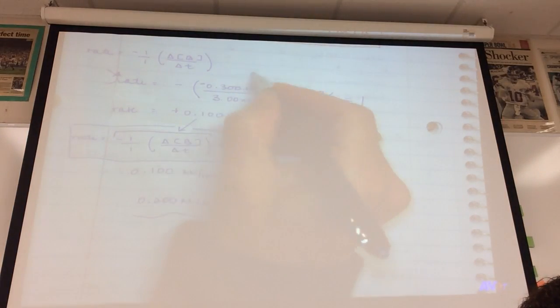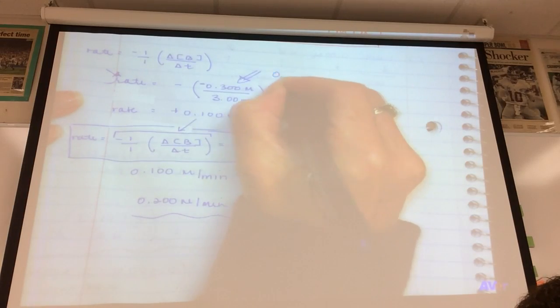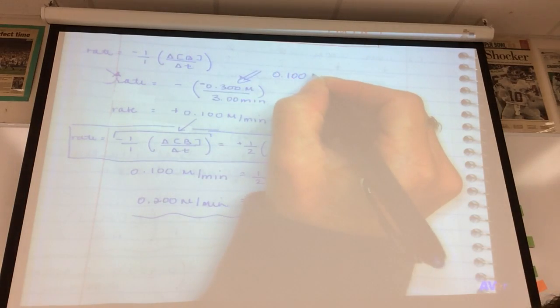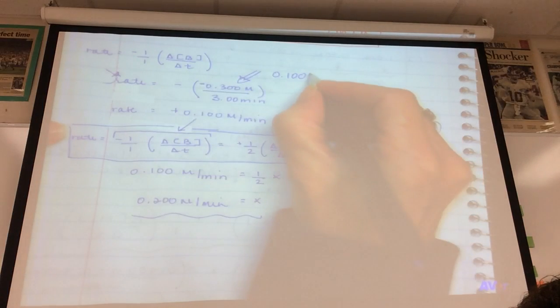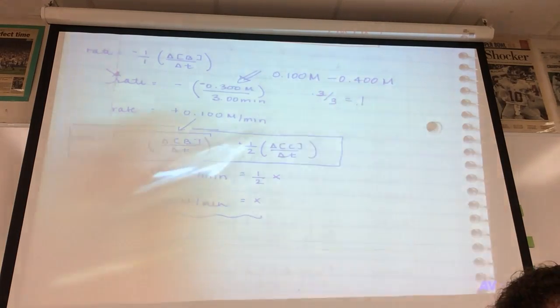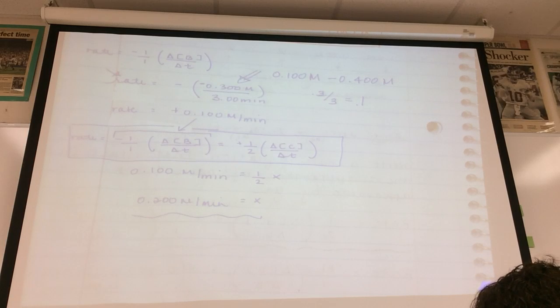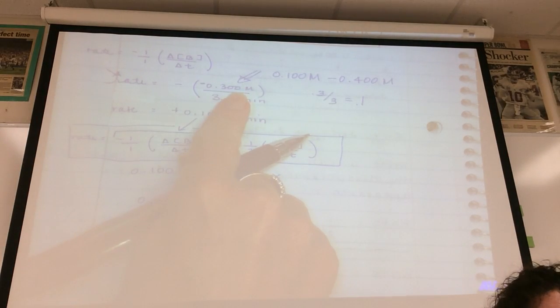So this right here is the second molarity that you record minus the first. And keep in mind this is a reactant, so its amount is going to decrease. And that's what happened here.